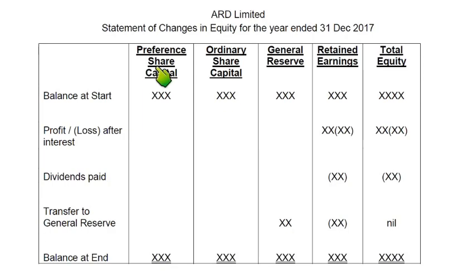See, if we need to pay dividend to ordinary shareholders, first we need to pay dividend to preference shareholders. Unless and until we have paid dividend to preference shareholders, we are not allowed to pay dividend to ordinary shareholders. So preference shareholders are given preference in terms of dividend.